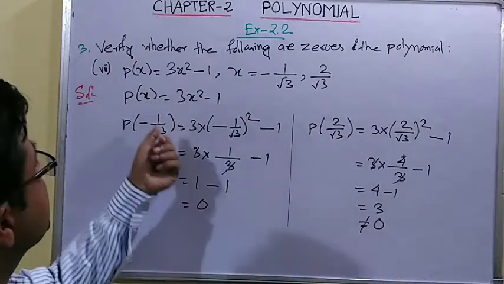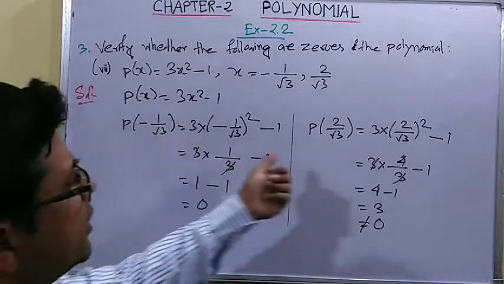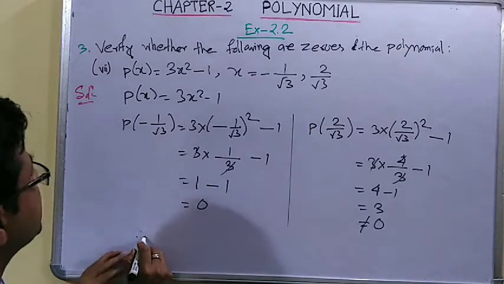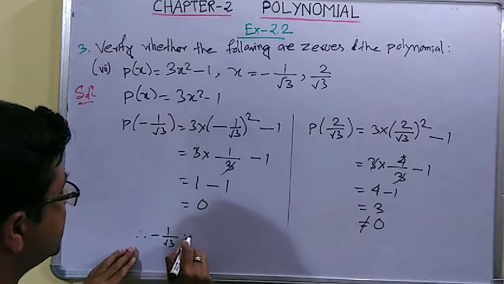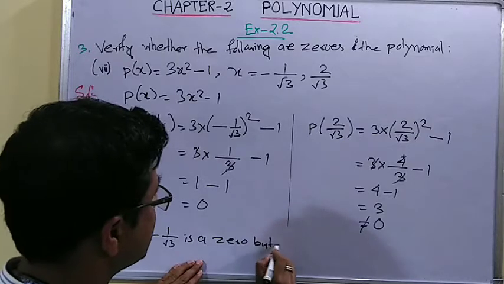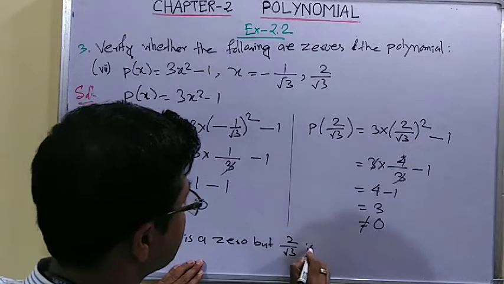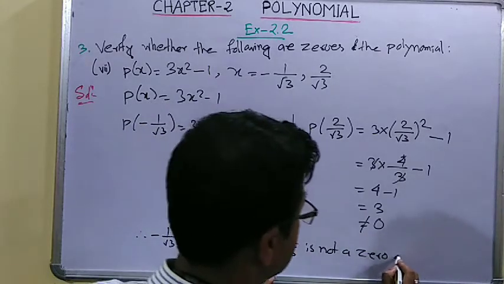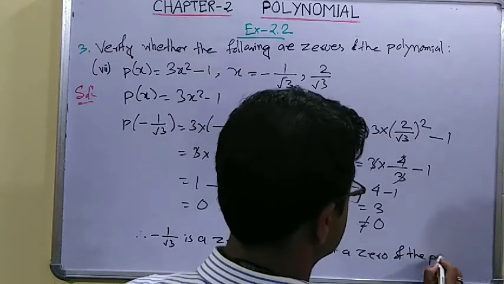So what is the conclusion? Minus 1 by root 3 is a 0 and 2 by root 3 is not a 0. Therefore minus 1 by root 3 is a 0, but 2 by root 3 is not a 0 of the polynomial.